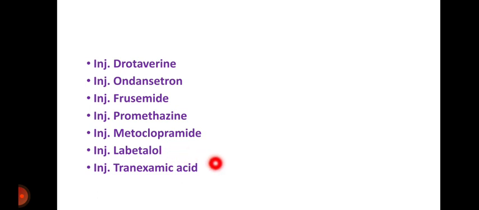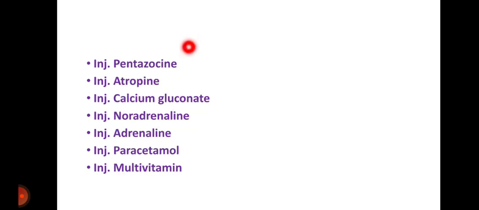Injection tranexamic acid is used basically to stop bleeding. Then injection pentazocine is a centrally acting analgesic drug. Then injection atropine is an anticholinergic drug and has several uses; it also prevents nausea and vomiting.